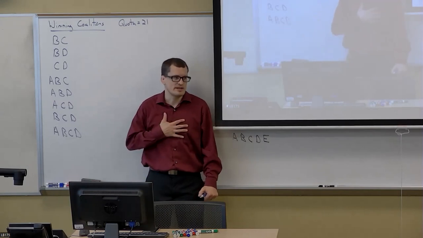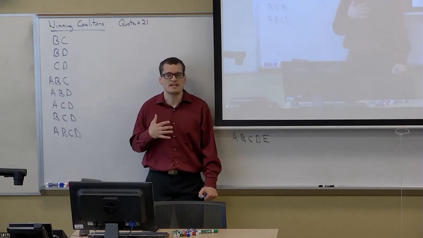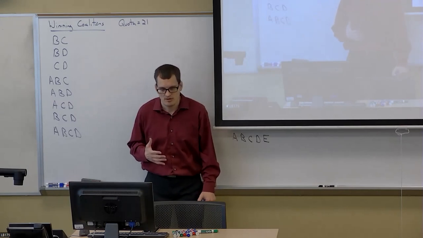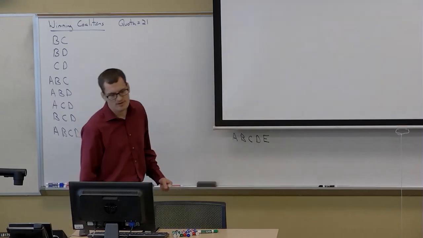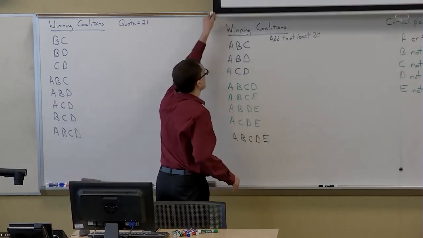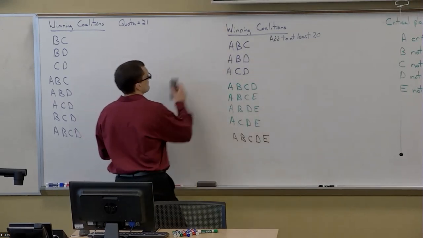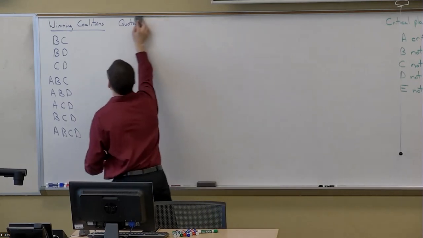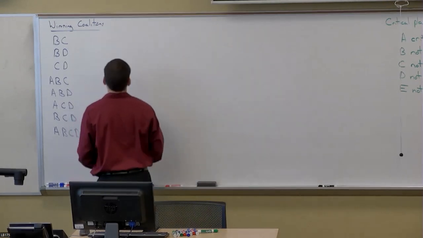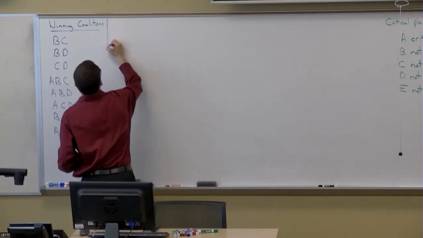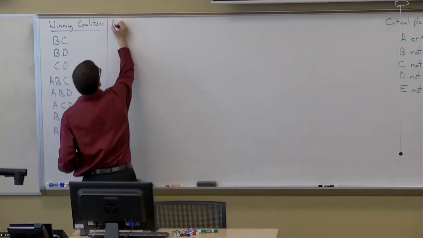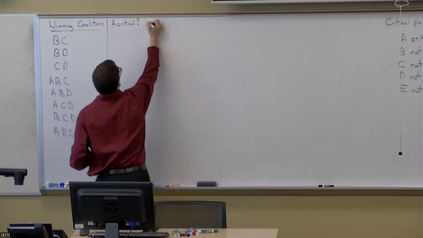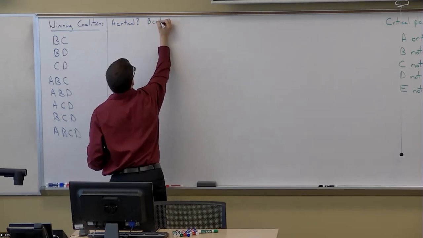Now, what I like doing is creating a big grid. Basically, I take each one of these winning coalitions and I ask, is A critical? Is B critical?